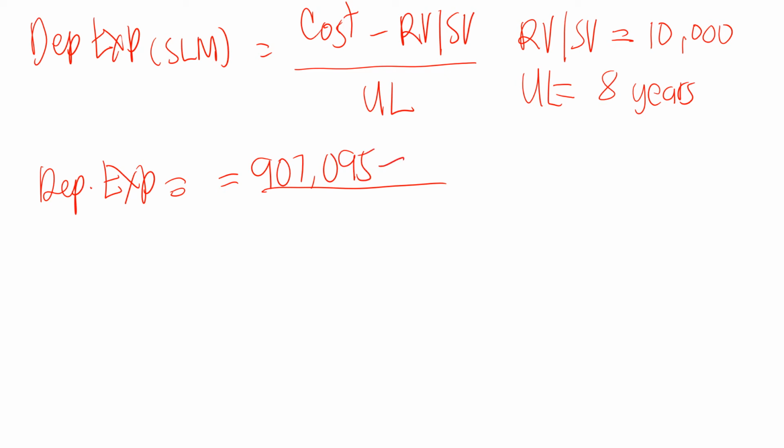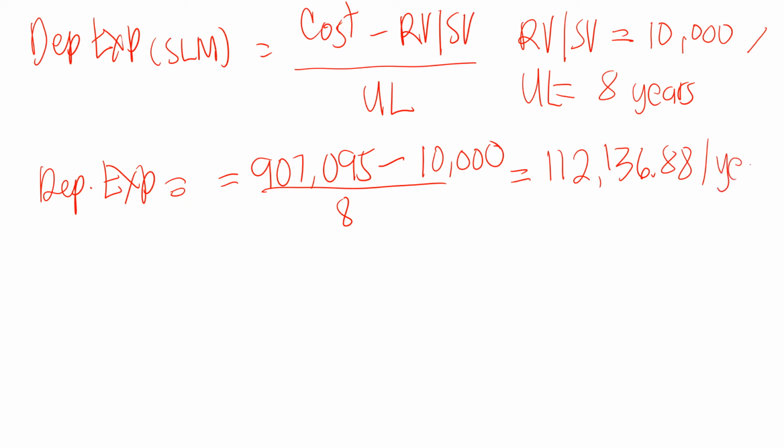Minus the salvage value of 10,000, divided by 8, which is the useful life. So 907,095 minus 10,000 divided by 8. So the depreciation expense every year is 102,136.88. This is per year because our denominator is in terms of years.